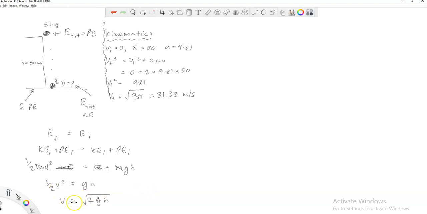So v equals the square root of 2 times 9.81 times 50. Same as before, we get the same answer, 31.32 meters per second. This is how we use energy conservation to find unknown speeds.